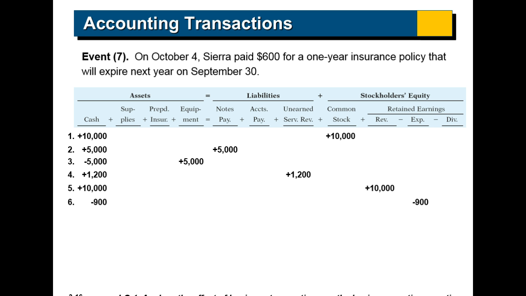On October 4th, Sierra paid $600 for a 1-year insurance policy that will expire on September 30th. What happens to our cash? Goes down. And what happens to our stockholders' equity? Well, actually, what happens to our liability account?